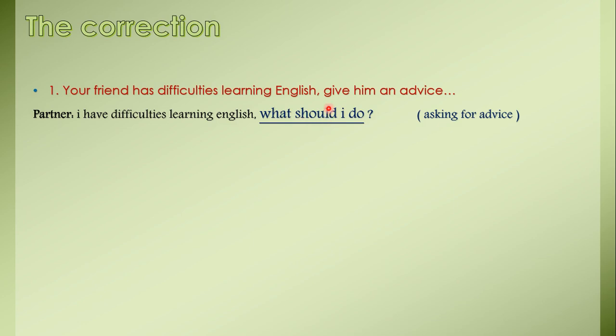What plus the modal auxiliary should plus subject plus verb. What should I do? So this is asking for advice. Then me: you should read books. This is giving advice.